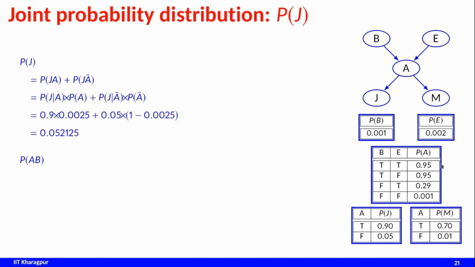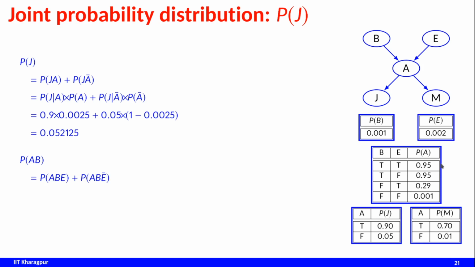AB can happen when A and B happen as well as E happens, or A and B happen and E does not happen. Under these two scenarios, AB can actually happen, and I do not bother about whether John calls or Mary calls, because those are dependent on A, so we do not have to look into that. We can proceed in the same manner.